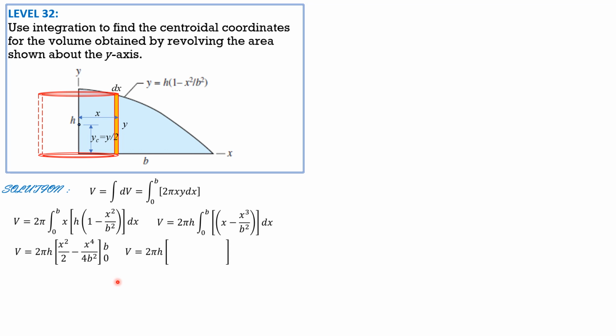So that would be 2 pi h quantity b squared over 2 minus b to the fourth over 4b squared minus lower limit 0. So 1/2 minus 1/4 is 1/4. 2 pi h times b squared over 4 is pi b squared h over 2, as expected. So that's the volume.